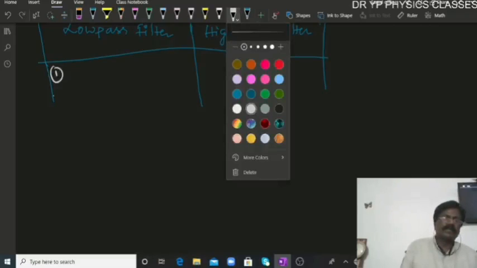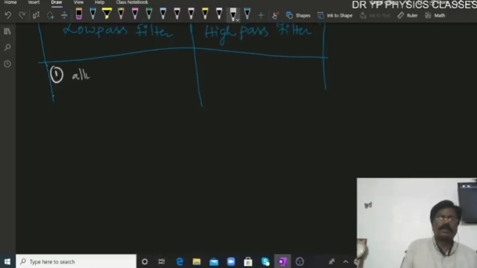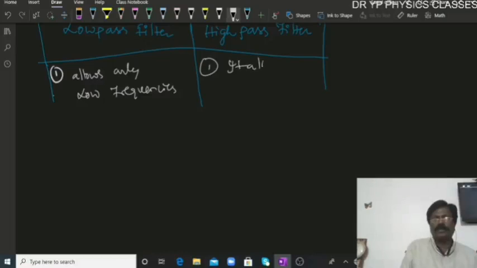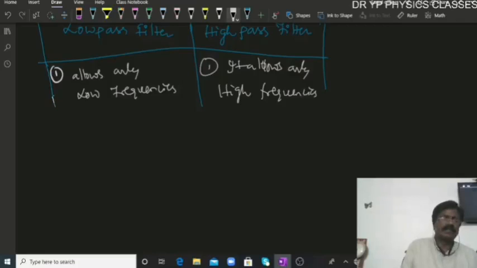Number one, what is the low pass filter? It allows only low frequencies. Okay. In the high pass filter, it allows only high frequencies. Right, high frequencies.